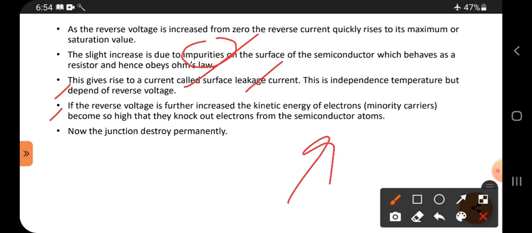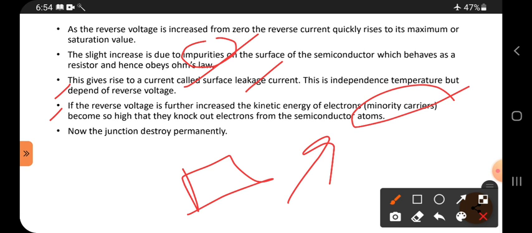If the reverse voltage is further increased, the kinetic energy of electrons, meaning minority carriers, becomes so high that they knock out electrons from the semiconductor atom. Here in the p-type material, electrons are minority charge carriers.